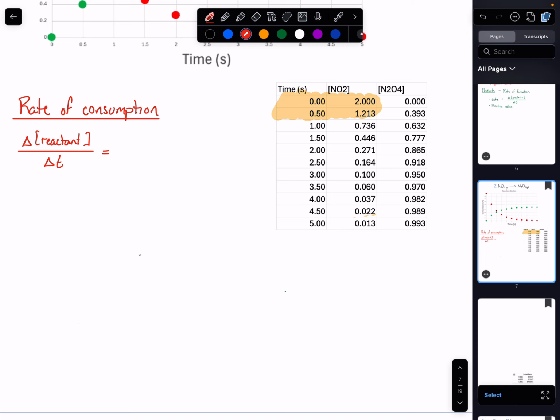All right, so what does that mean? That means I'm going to take the concentration of one of those time points. We're going to pick the larger of the two. So data point 2 minus data point 1 for concentration, divided by the time of data point 2 minus data point 1.